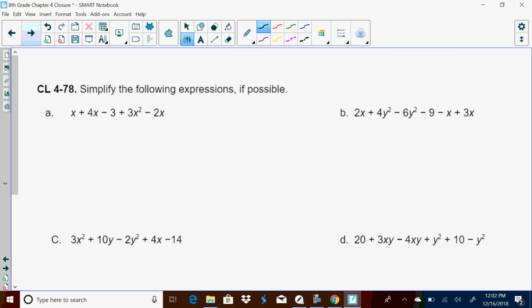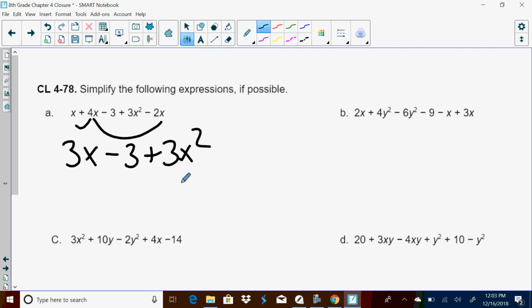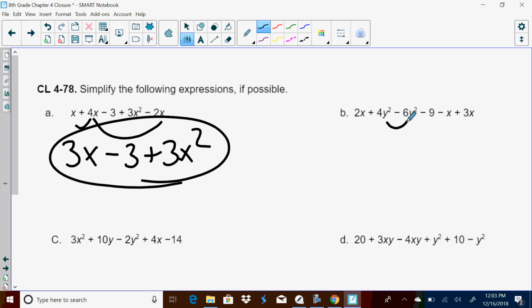Problem 478, simplify the expressions if possible. So in this one, I combined all my x's and got 5x minus 2x, or 3x, minus 3 plus 3x squared. For b, I had y squared, so I got negative 2y squared. 2x minus x plus 3 is going to be 4x minus 9.